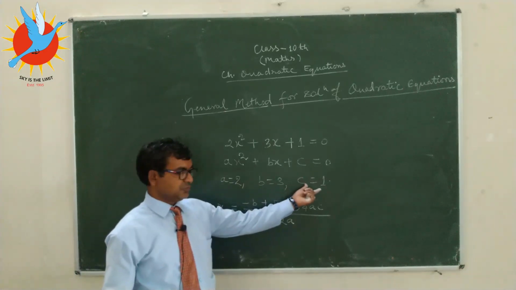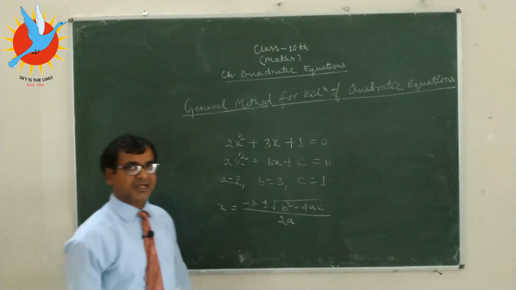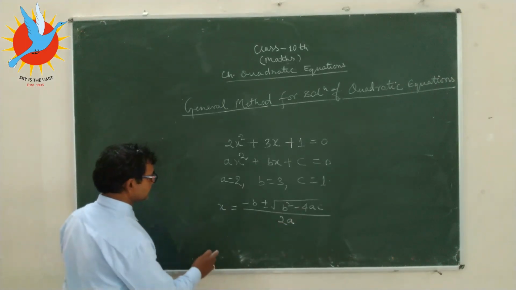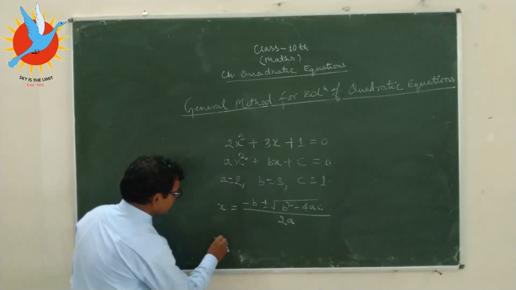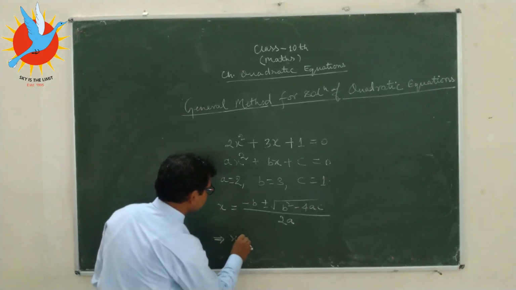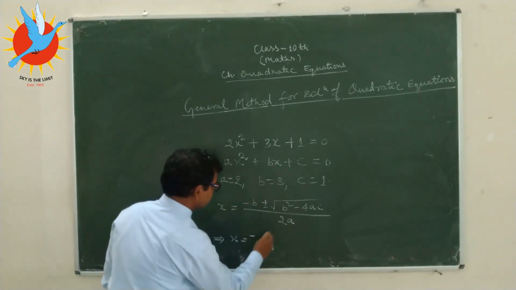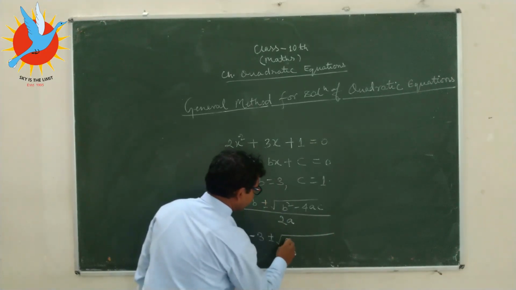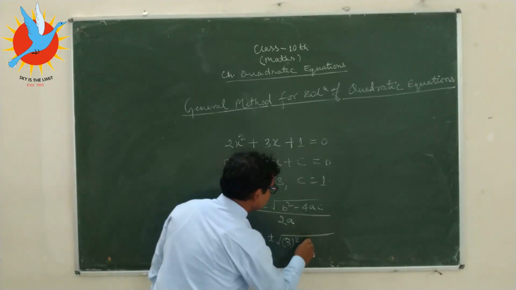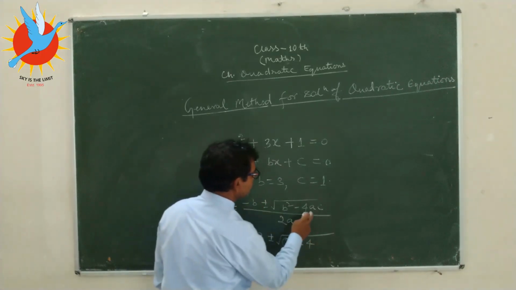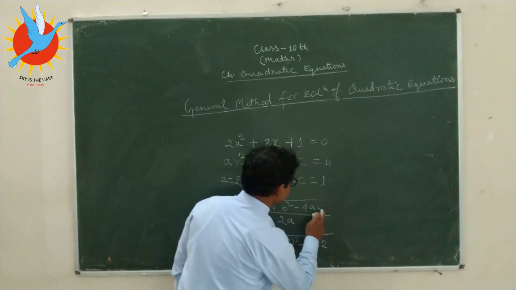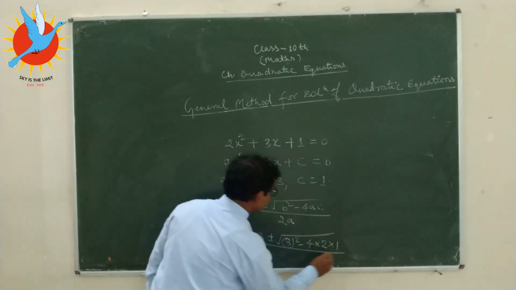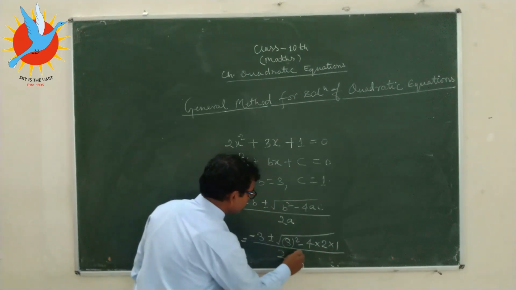Now put these values in this formula at the appropriate place to get the value of x for this equation. So we have x equal to minus 3 plus minus root of 3 square minus 4 into a equal to 2 and c equal to 1, upon 2 into 2.